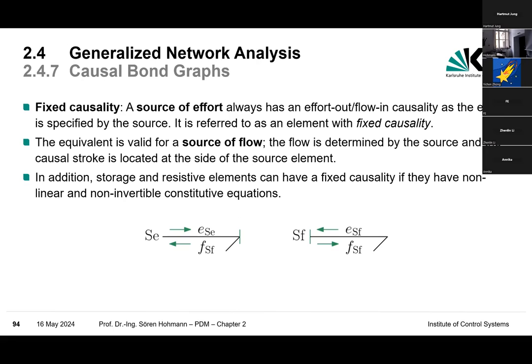A minor remark: if you have nonlinear relations, I mentioned the case of a dissipative element like U equals R times I. This means that you can invert R and interchange the direction of calculation, but sometimes it's a nonlinear relation, R of I, and sometimes R is not invertible. Then it's not possible to interchange the causality.